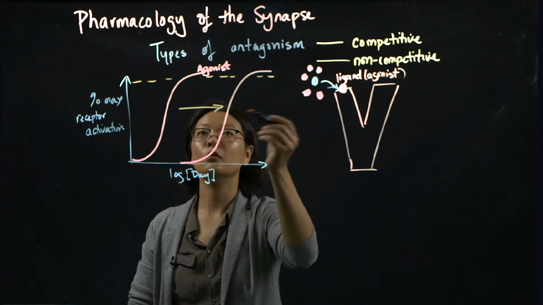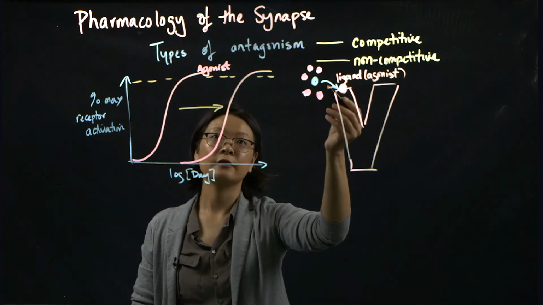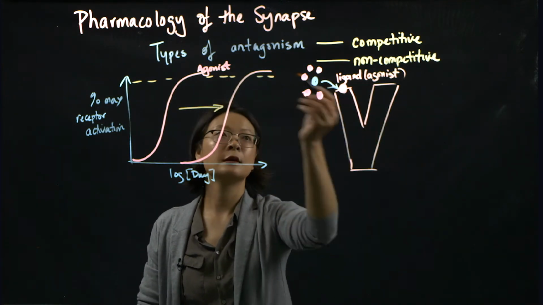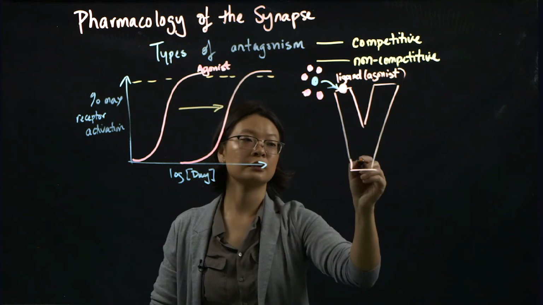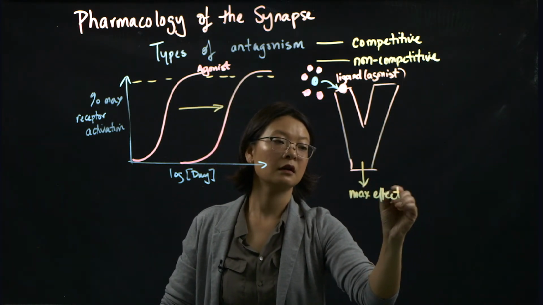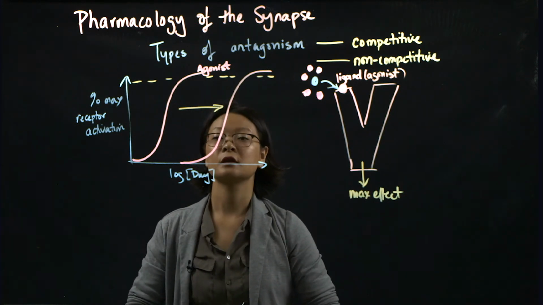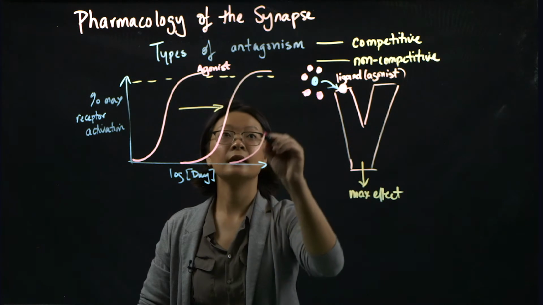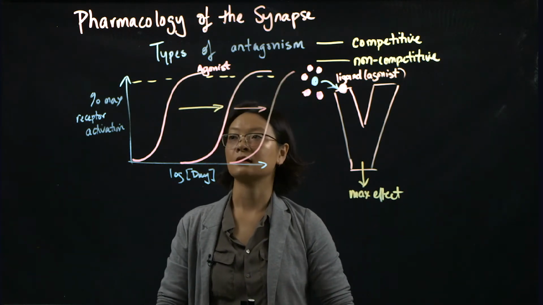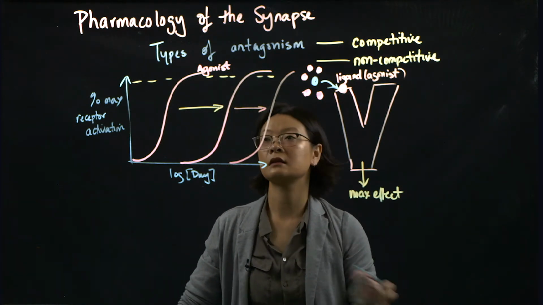You just need more of your agonist. And that's because when you add more of your agonist, you will compete off the antagonist, and the agonist will still be able to produce max effect intracellularly. So you get right-shifted curves. The more antagonist you add, the more agonist you need to outcompete that antagonist. So that's a competitive antagonist.